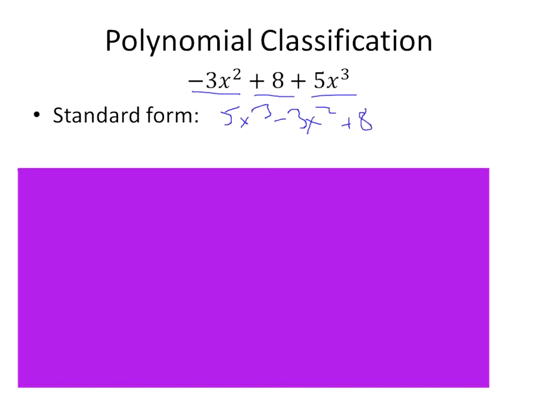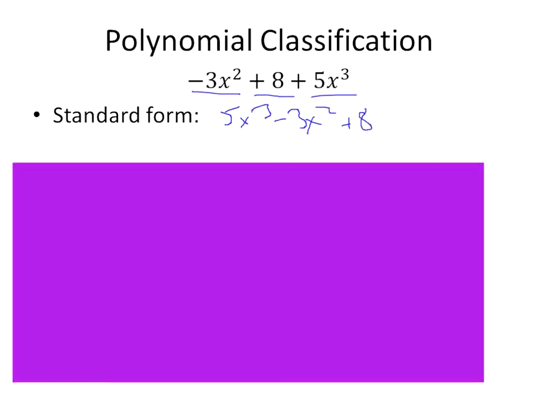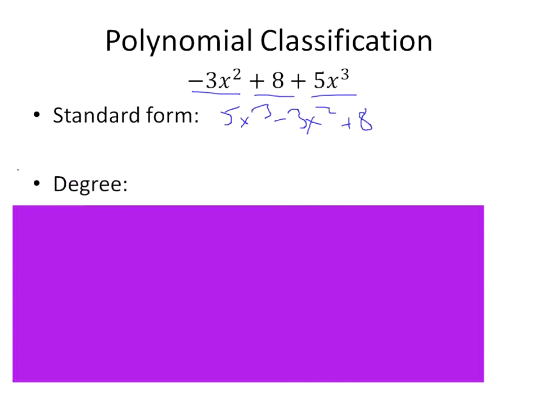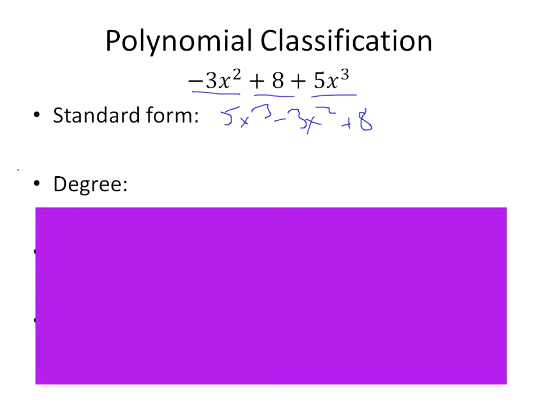All right. So let's see what comes next. Now it wants the degree. So the highest degree on this happens to be this one right here. So the highest degree is 3.